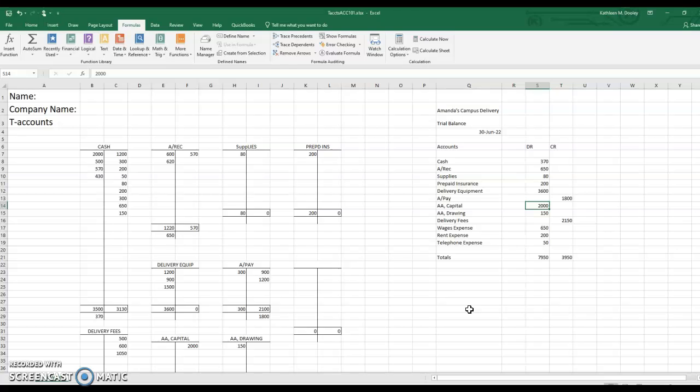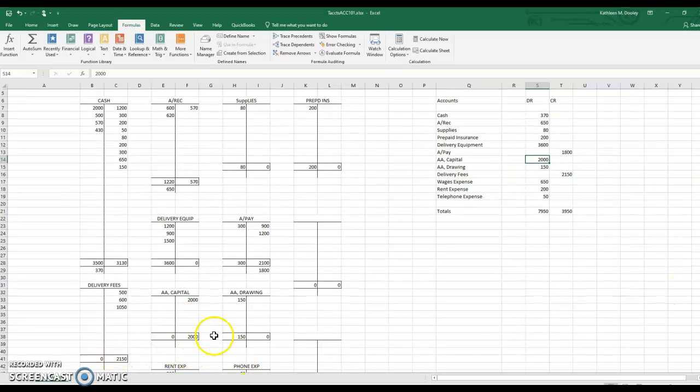Well, yes, there is. I have this number 2,000. And you ask yourself, is it on the correct side? The capital, which is our owner investment account, is supposed to normally have a credit balance. And we have it on the debit side. We take a look at our T account and we see, oops, yes, it is supposed to be a credit.